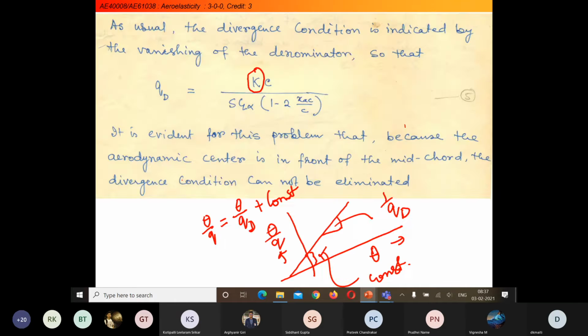Only the finding of the divergence condition is the same, whatever I have shown in the first case. The only difference is the configuration. The first one is the wall mounted model.